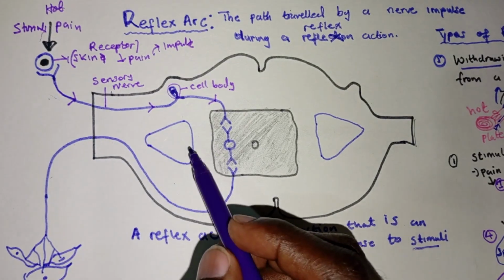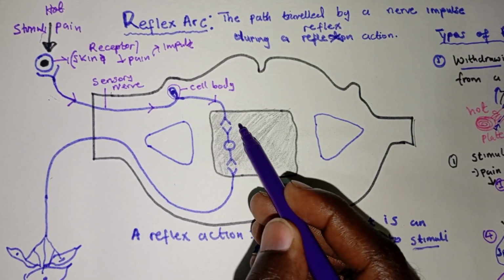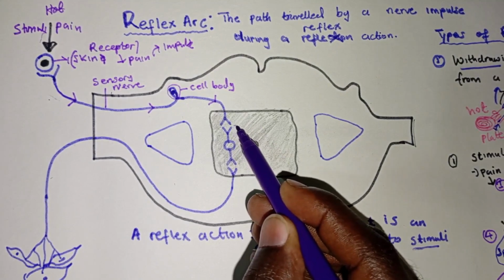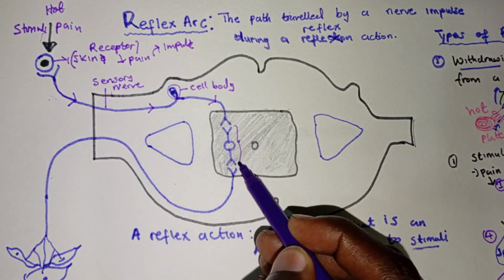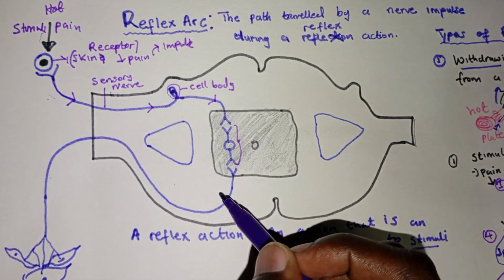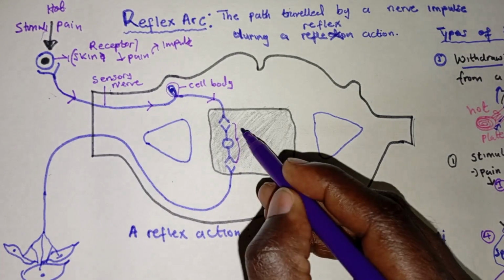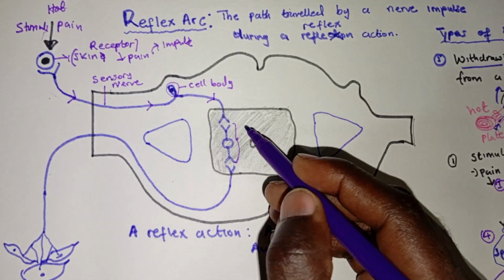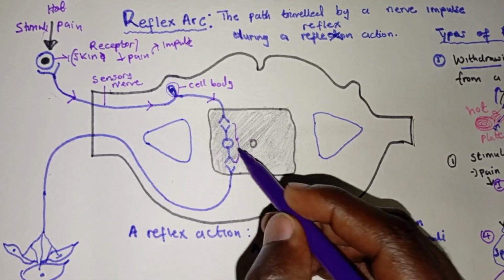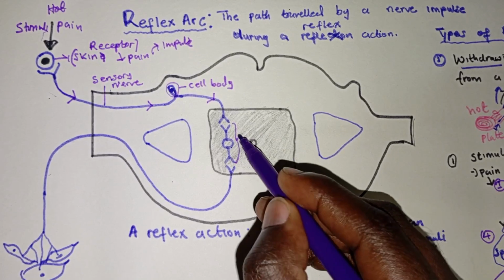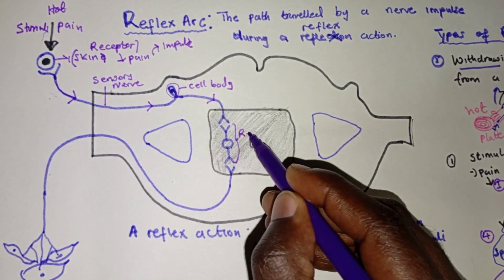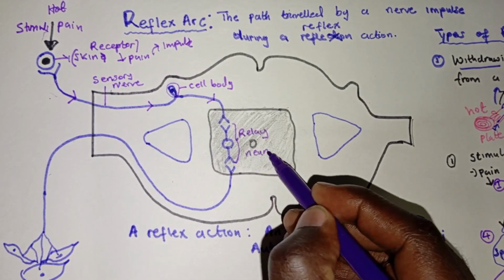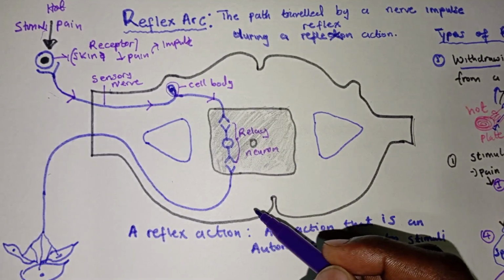Then what happens here is that this information is integrated. There is another neuron here, simply called the relay neuron.